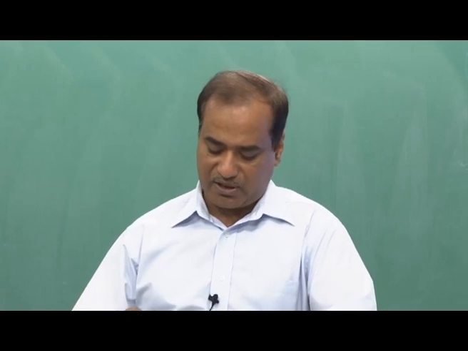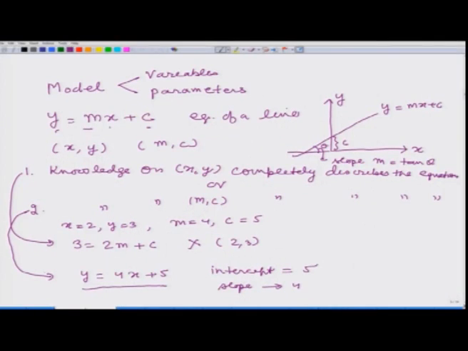So, broadly speaking, I have two sets of values, x and y, and m and c, which I am marking here. We observe that by knowing the value of m and c, I can determine the complete line, whereas just by knowing the value of x and y, I cannot know the entire line.